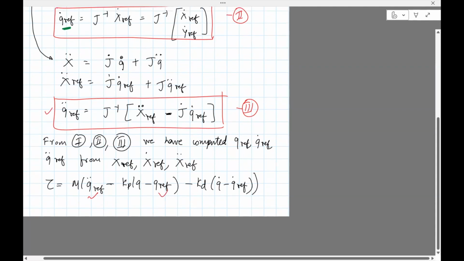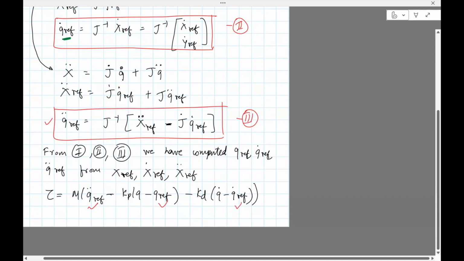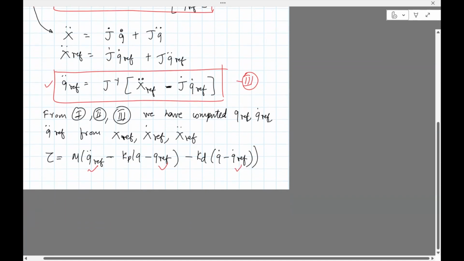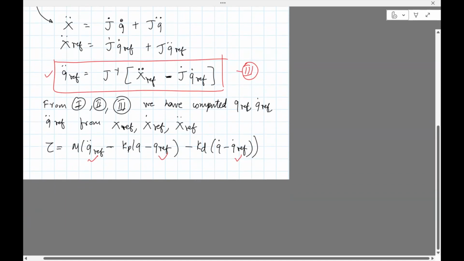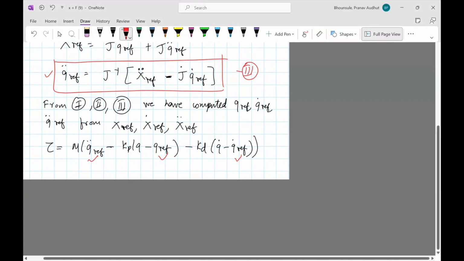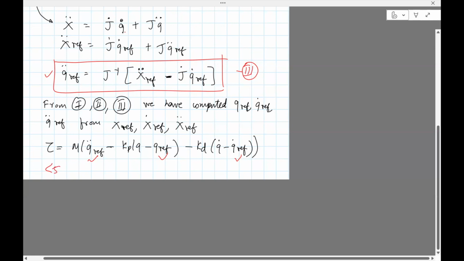We know q ref, which comes from equation 1, and q dot ref, which comes from equation 2. So I'm going to show you how this can be put together in controlling a two-link manipulator to draw, I think I chose it to be a Leibniz skate, which is the figure 8 or the infinity symbol. So the file I'll give you, you can check this is 5.